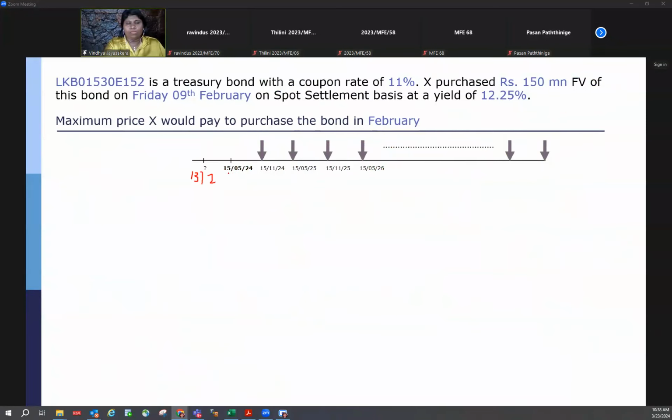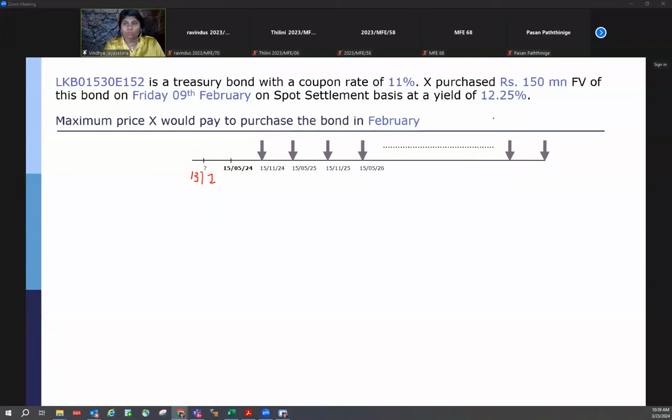Now, one thing you have to understand when we calculate the price of the bond, right? What is it giving me? It is giving me the present value of all of my future cash flows.